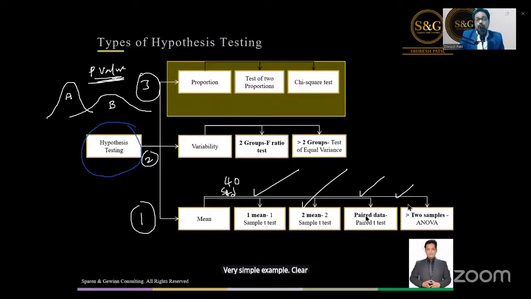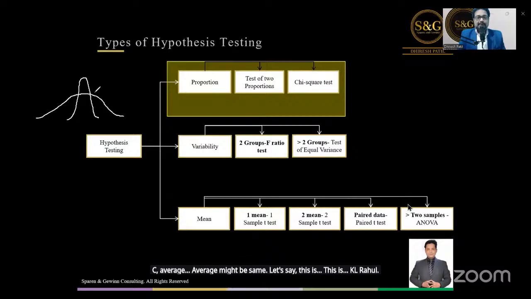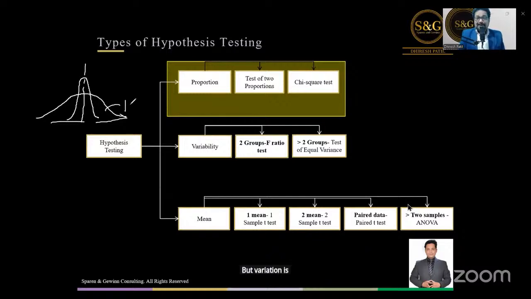Clear? Now, let's say there is not much difference between averages. I want to compare the standard deviation. See, the average might be the same. Let's say this is KL Rahul and this is Rishabh Pant. Averages are exactly the same, but variation is there. Now this is Pant and this is Rahul.